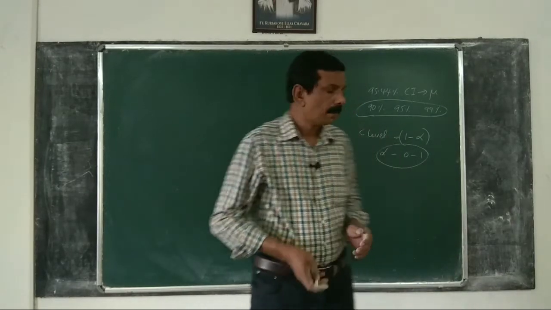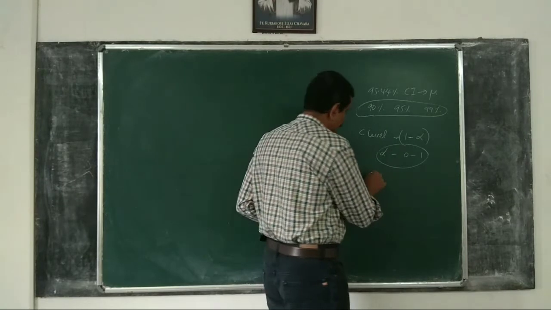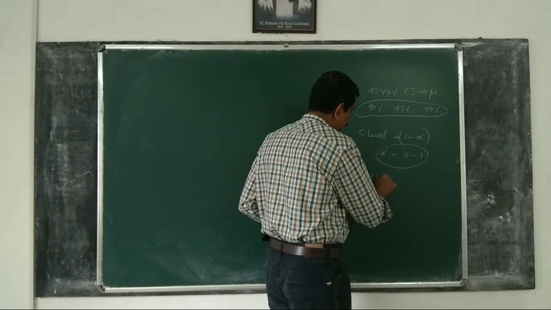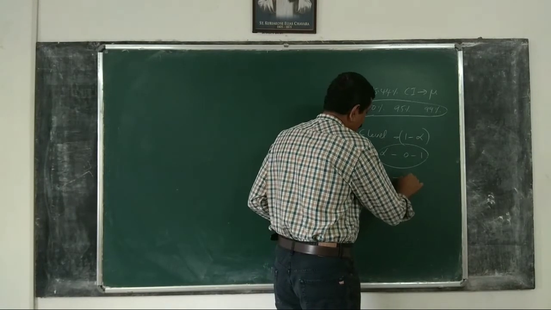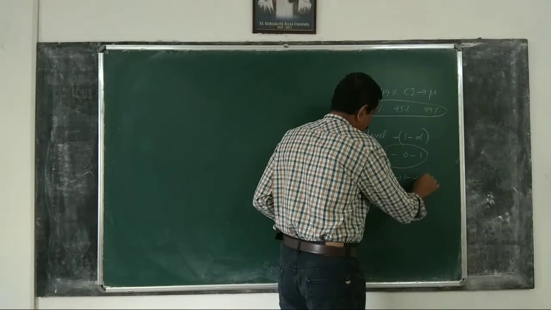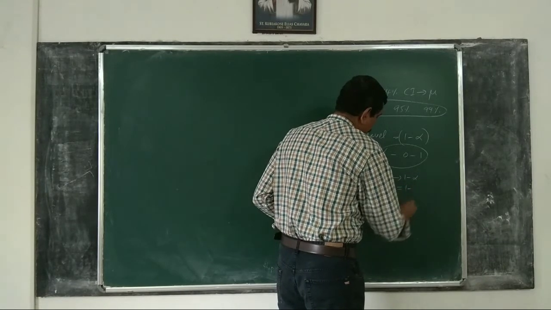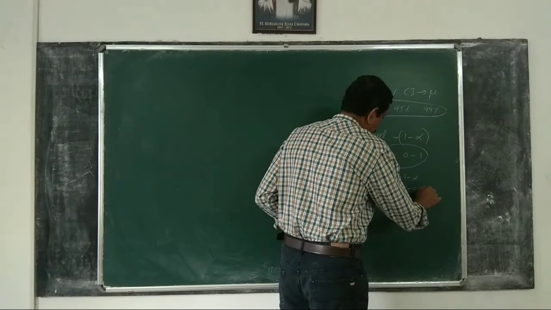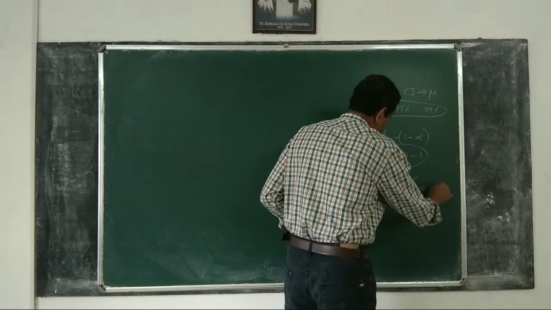For example, if confidence level is 95%, then 1 minus alpha is equal to 1 minus 0.05 is equal to 0.95.